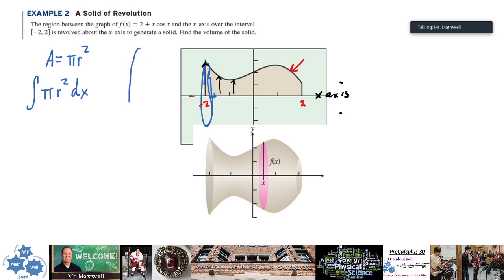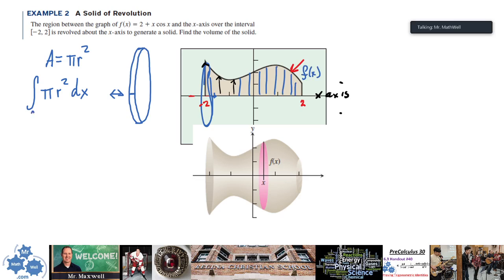So if we're thinking about an actual disk, right? I've got a little width of this disk here, if I can draw that. And this is dx, so dx is in the x direction. So this has to be in terms of x as well, the r squared, because we have an x as our little differential there. Okay, so r, we said, was changing over the interval, and it is exactly equal to whatever the f of x is.